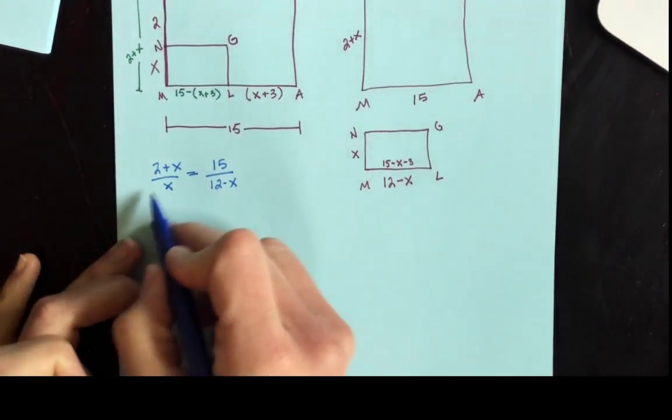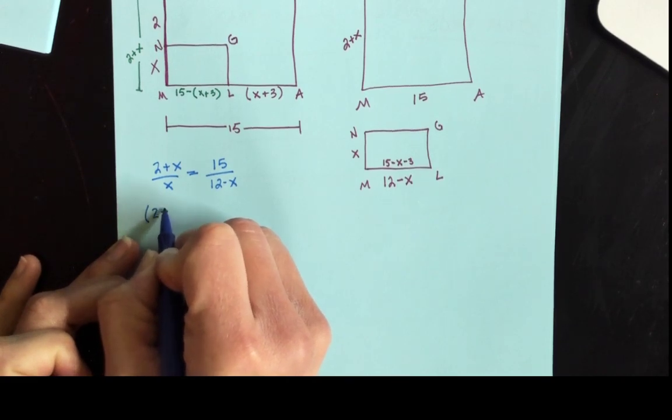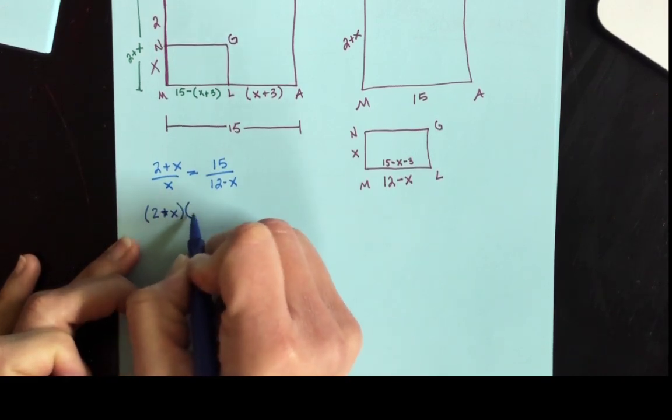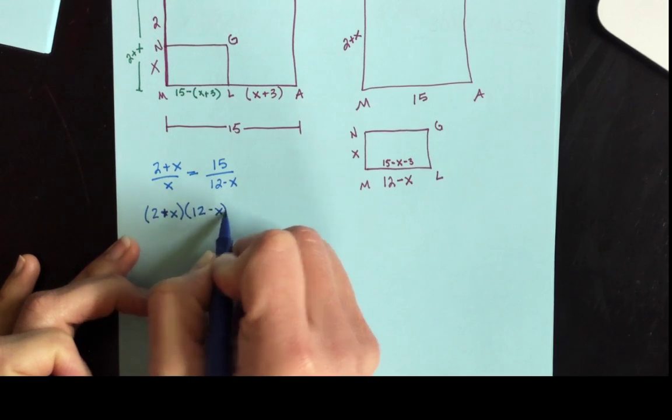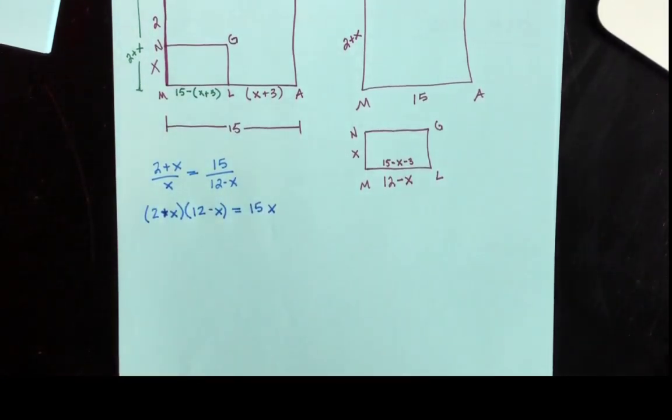And then when we cross multiply, I am going to show, oops, that's a plus, that we're going to have to use our FOIL method, which does mean I'm going to end up having a quadratic.